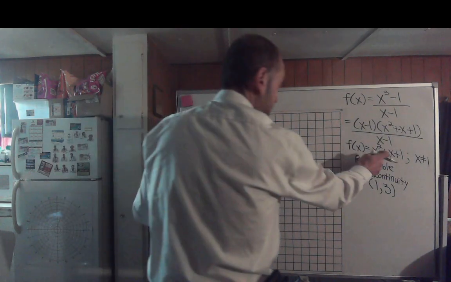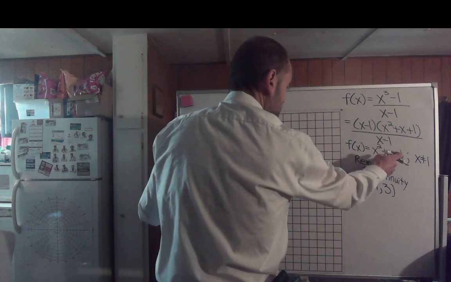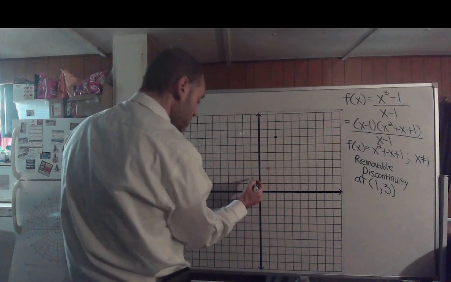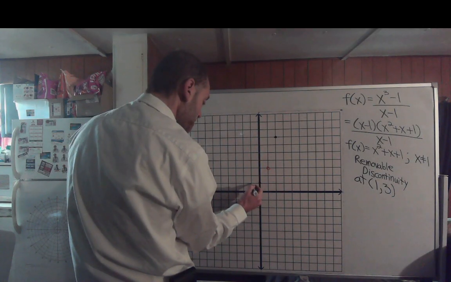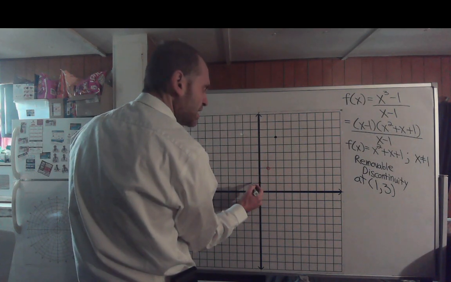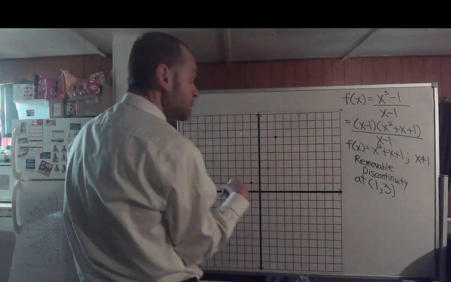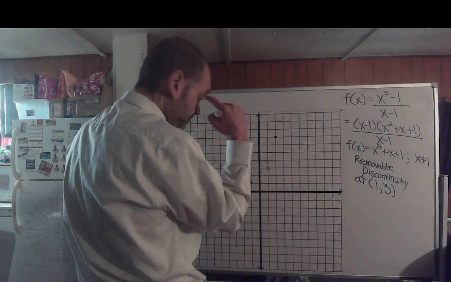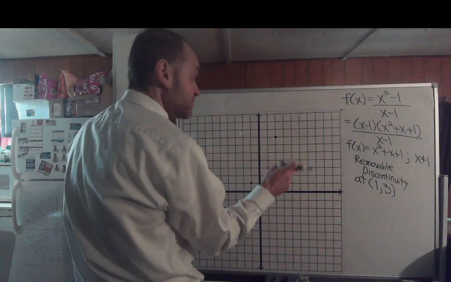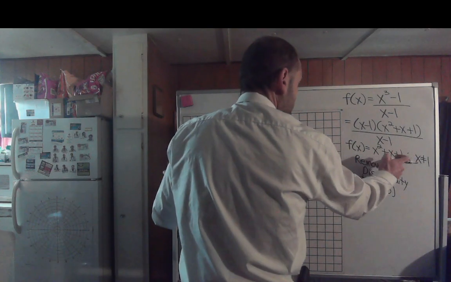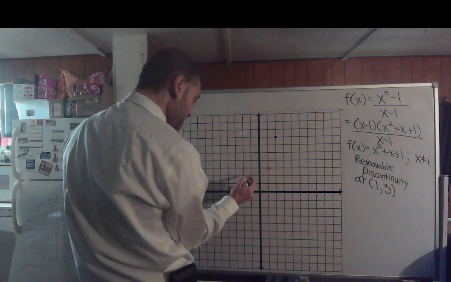If I put in negative 1, that would be 1 minus 1 is 0, plus 1 is 1. And then if I put in negative 2, that would give me 4 minus 2 is 2, plus 1 is 3.